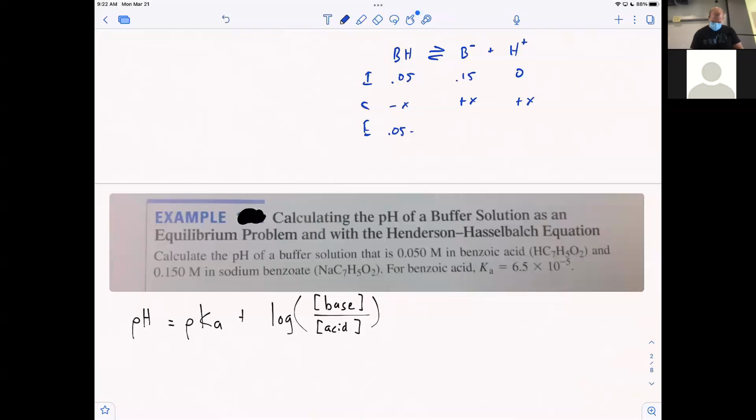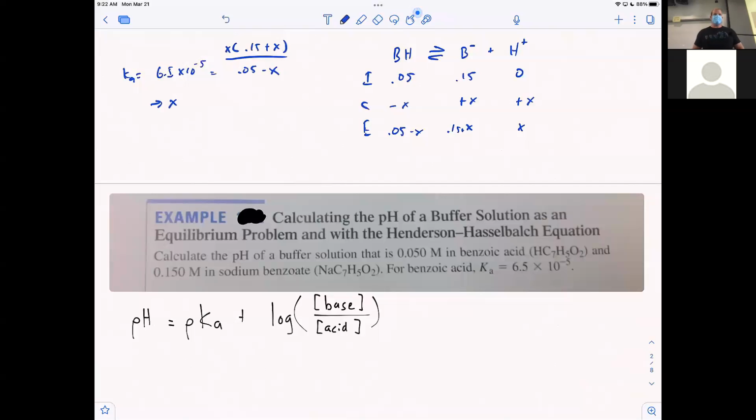Equilibrium: 0.05 minus x, 0.15 plus x, and then the Ka, 6.5 times 10 to the minus 5, equals x times 0.15 plus x, all over 0.05 minus x, right? And then solve for x.